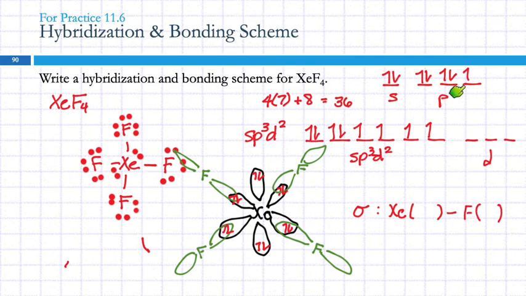And what orbital is the fluorine using? A p orbital. And what is the xenon using? sp3d2. Got it in there somewhere. So this description applies to each of these 4 bonds.